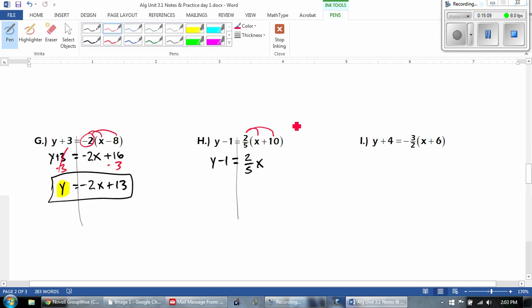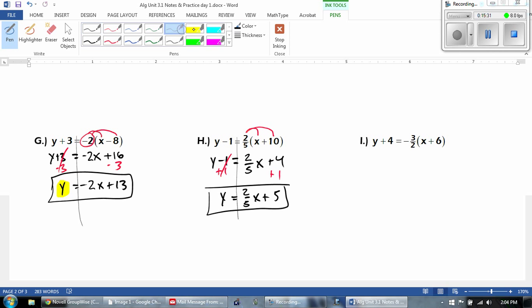Now, 2/5 times 10, 2 times 10 is 20. 20 divided by 5 is 4. Okay? And the y is not by itself yet, so I have to add 1 to both sides. And we get y equals 2/5 x plus 5. These aren't that hard, are they? Nah.